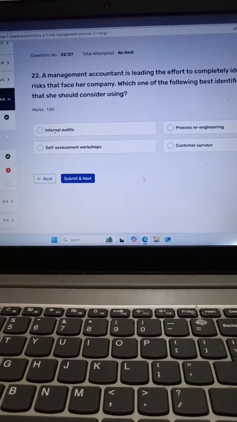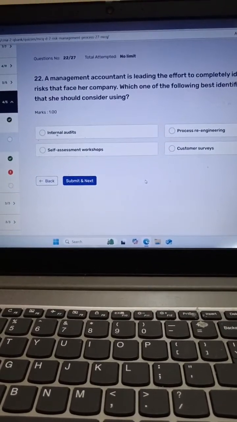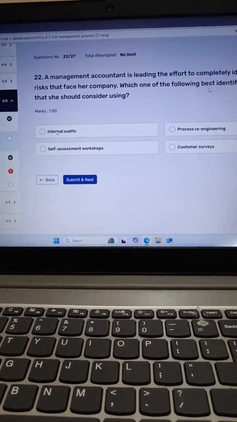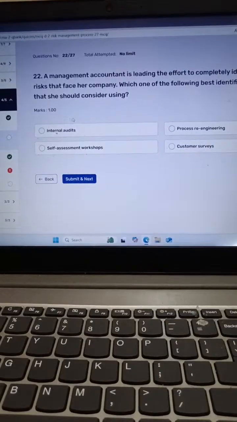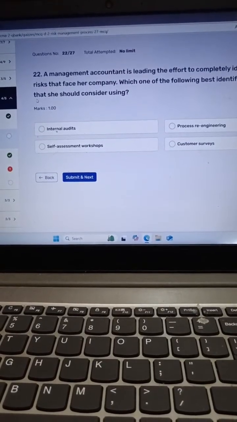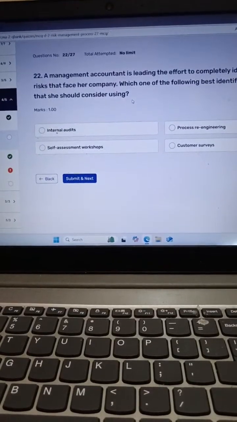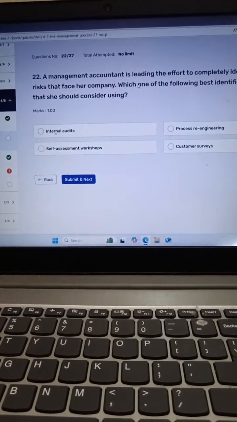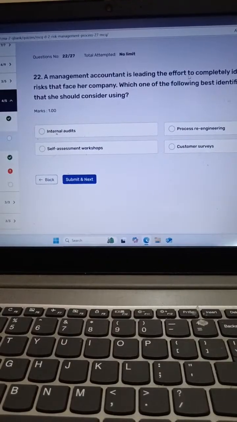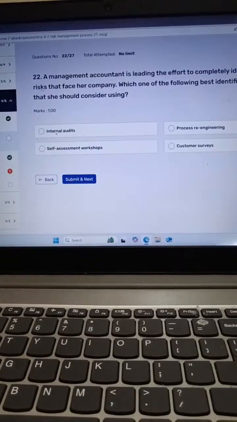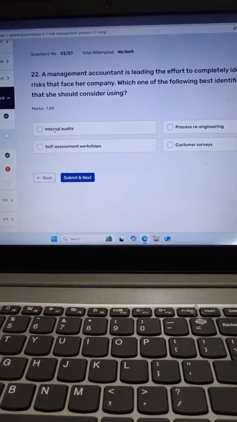Management accountant. What is the question exactly asking in this one? Which of the following best identifies a technique that she should consider using? The management accountant is leading the effort to completely identify all of the risks that face her company.